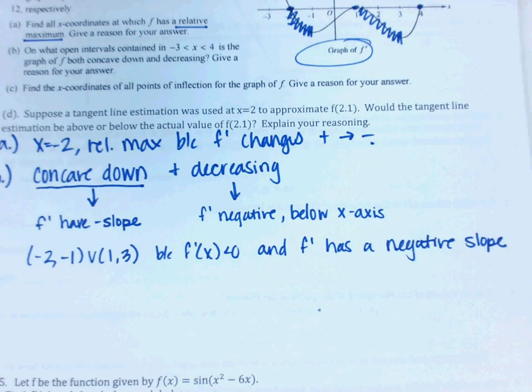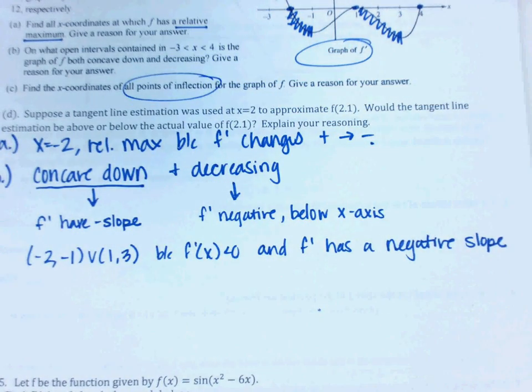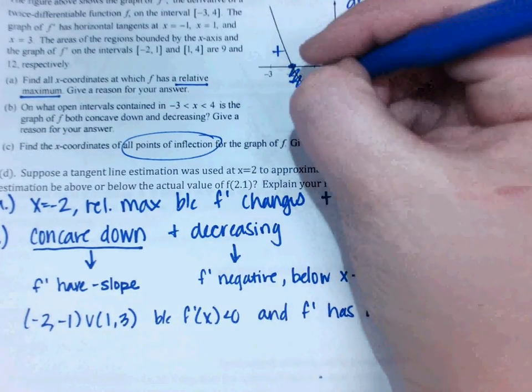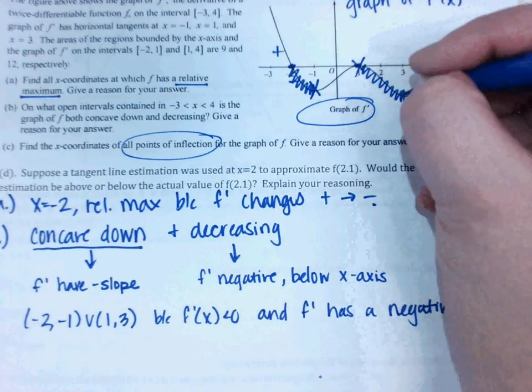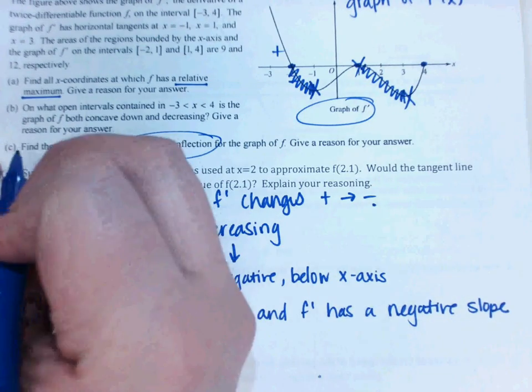Okay? Part C, I want points of inflection. Points of inflection are f double prime. What is f double prime in the graph of f prime? The slope. So look at the graph. Put x is where the slope changes. Where does the slope change? How many x's should I be placing? 3. I got 1 here. Boom. 1 here. Boom. 1 here. Boom. So I'm going to do part C in this section right here.